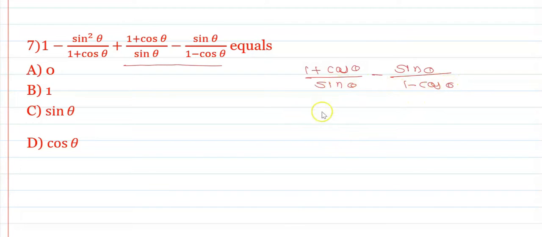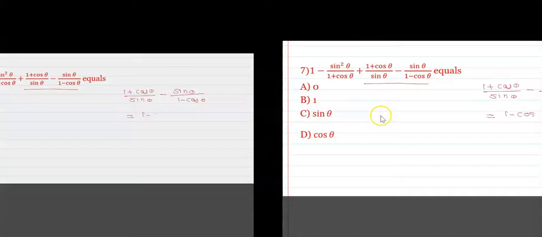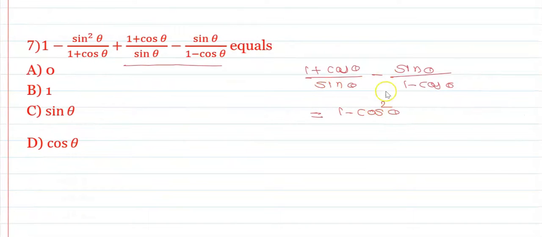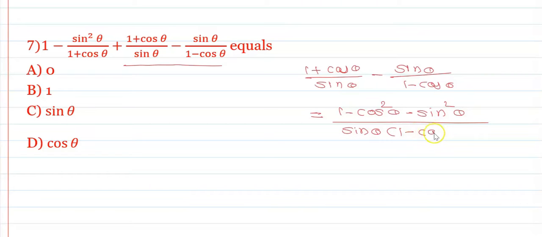Now we will cross multiply these two. Here 1 minus cos theta into 1 plus cos theta, then you will get 1 minus cos square theta, and minus sin square theta, divided by sin theta into the bracket 1 minus cos theta. If we take the minus sign as common, then you will get cos square theta plus sin square theta.